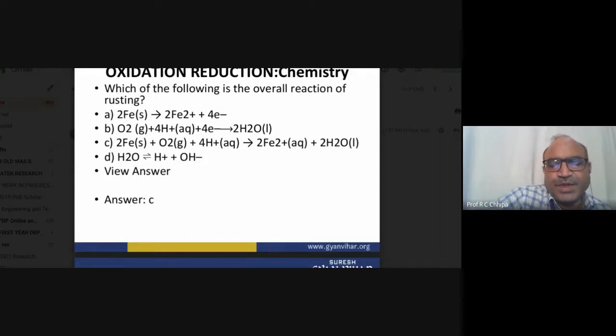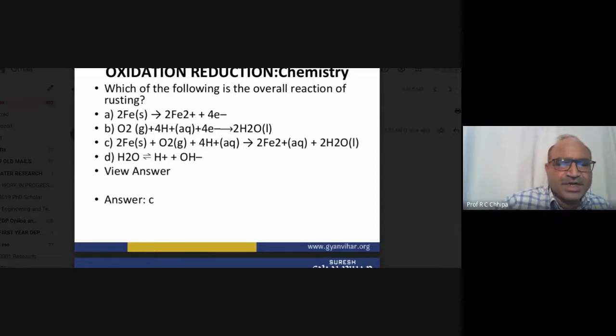So with electron transfer, what we have is whether an electron is added or removed. Addition of electron, here we can say the overall reaction of rusting itself is option C: iron in solid form and oxygen in gas form, and hydrogen cations.